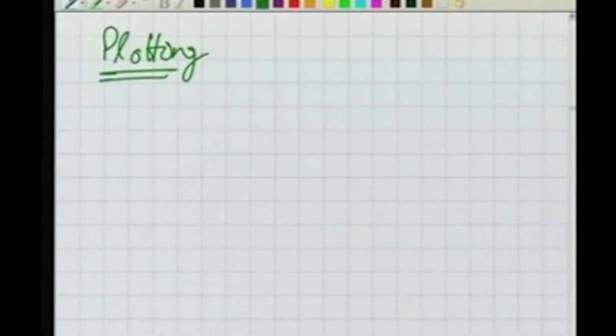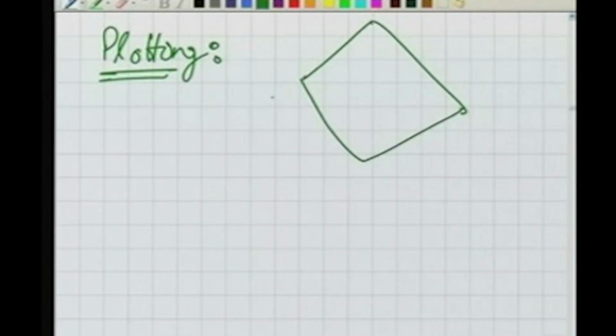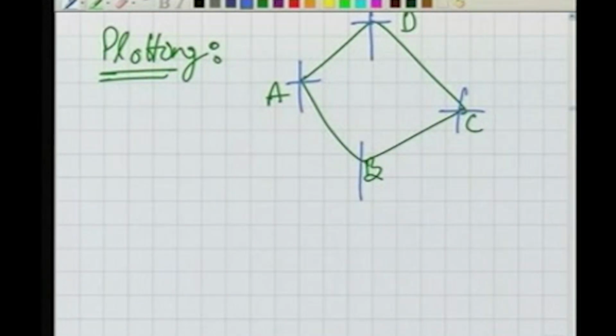Now before we plot, what will the observations look like? Let us say for a small traverse A, B, C, D, at each place you have taken the bearing, as well as the back bearings, and you have also measured these lengths.